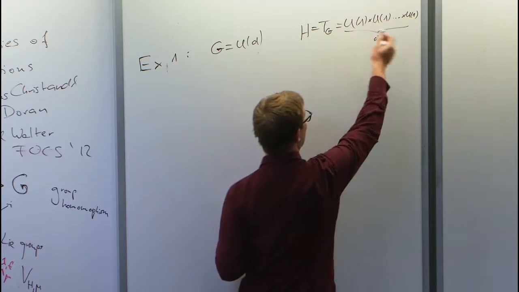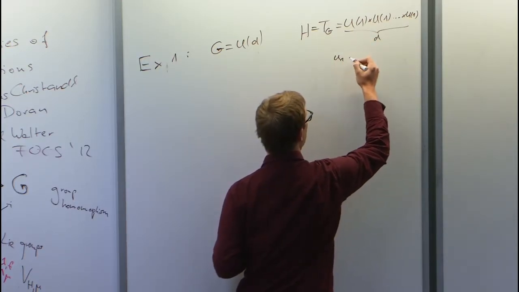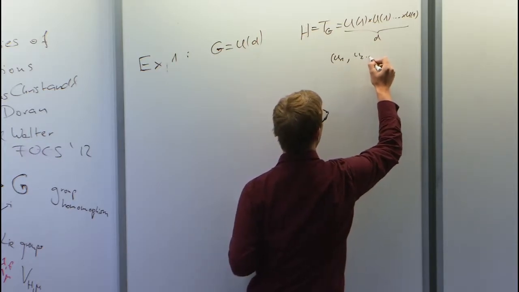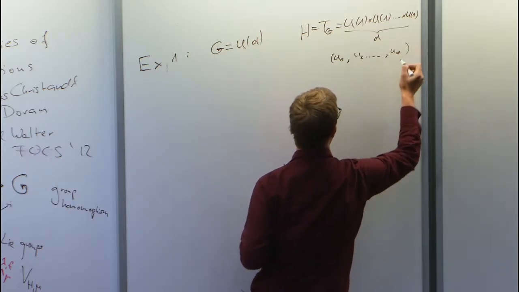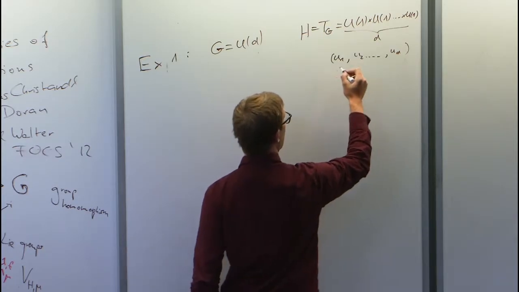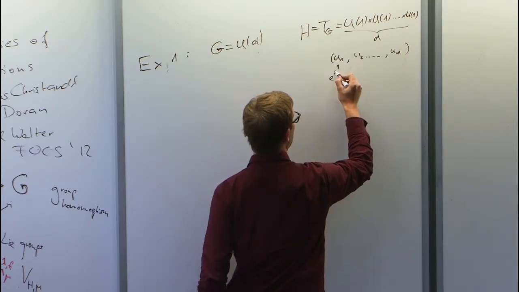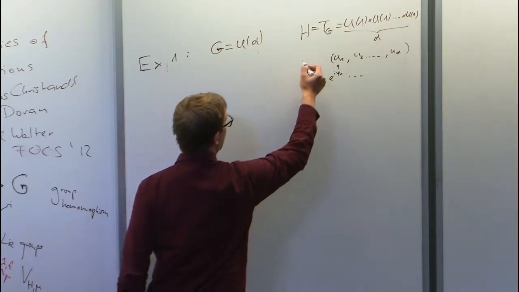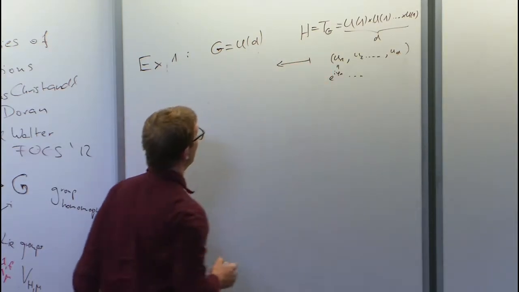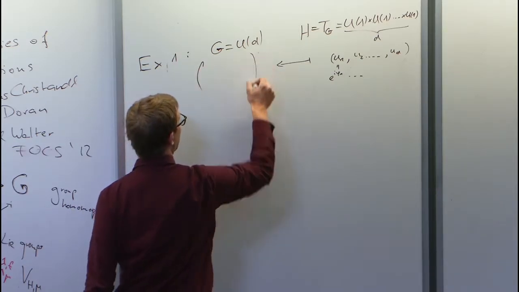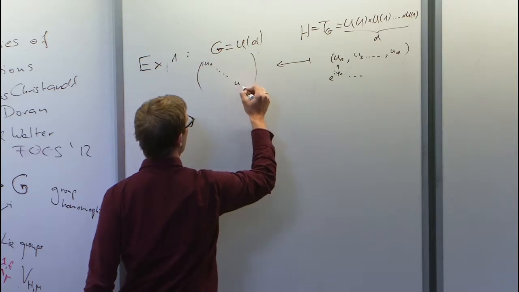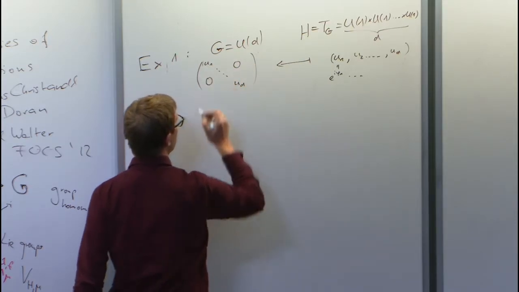If I take an element from that group, it will be U1, U2, up to UD. These will just be phases, e to the i phi 1, etc. And the homomorphism I would like to look at is just the embedding as the set of diagonal matrices, U1 up to UD, and then zeros on the off-diagonals.